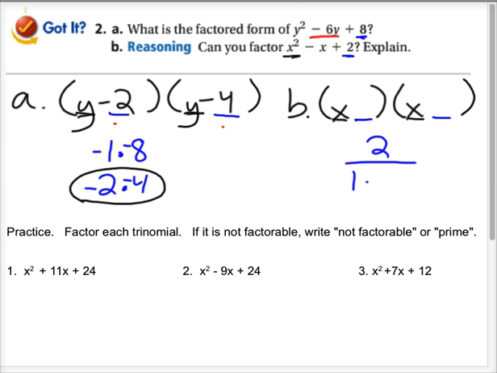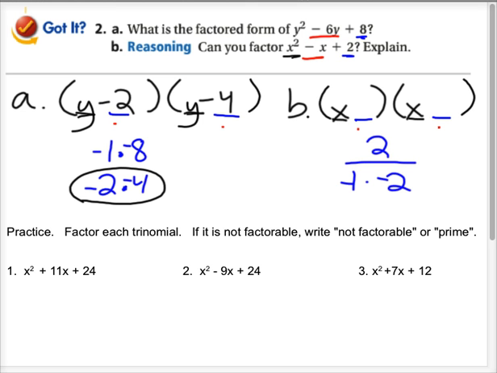Well, really, it's just 1 and 2. It's the only way. But I also notice I have to add to give me a negative number. So I know that those both have to be negative. Now, -1 and -2, those are the only two options that we have here. And notice that those do not add up to the -1 that we need.